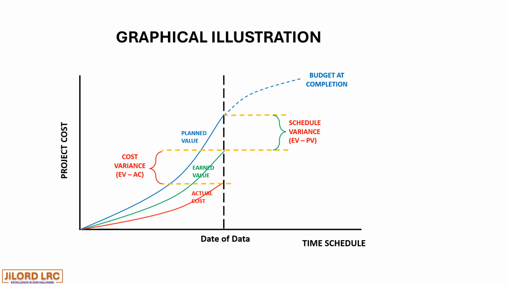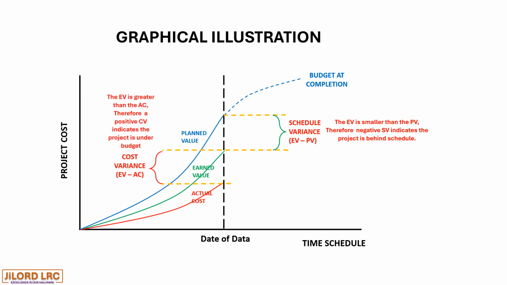And for the cost variance, the earned value is well above the actual cost, and therefore there will be a positive cost variance. So the earned value being smaller than the planned value suggests that the project is behind schedule.